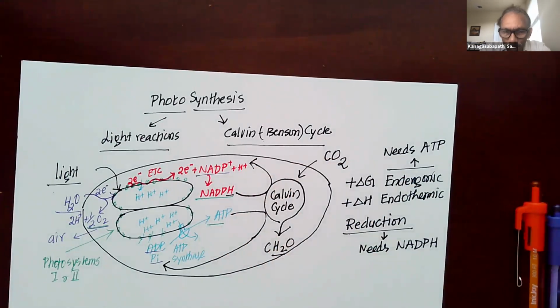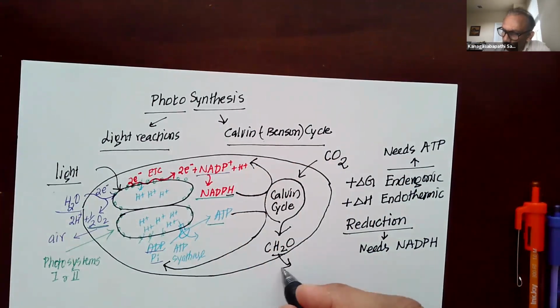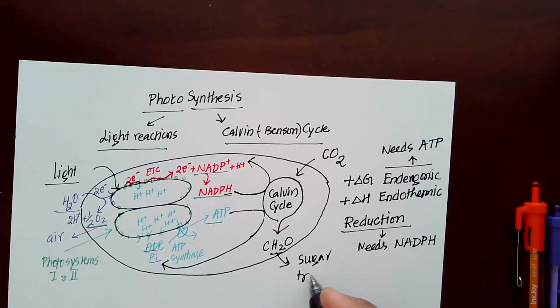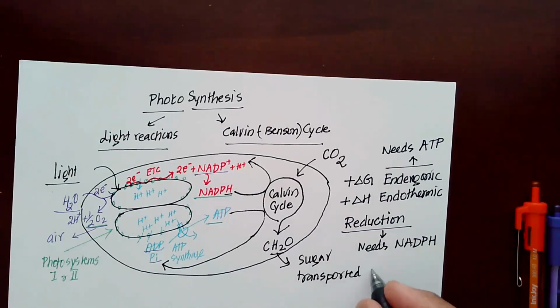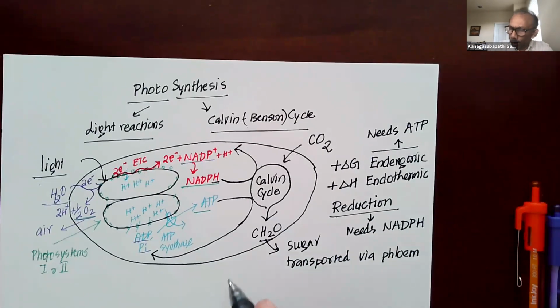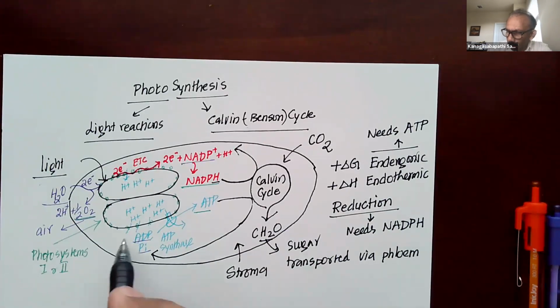Do you see the connection between what goes in and what comes out? So this is the sugar, now transported via this structure called phloem. Okay. And this is all happening in the stroma, and the light reactions are happening on the thylakoid.